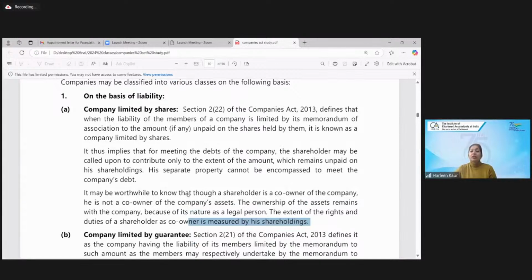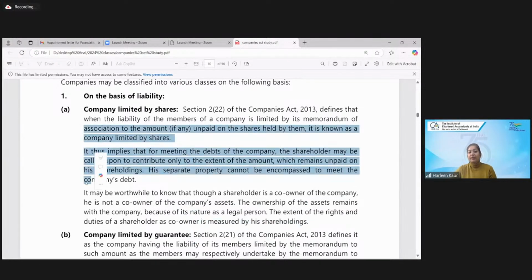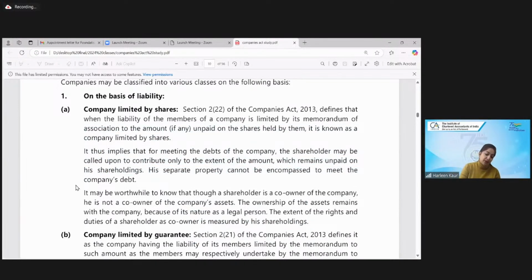Is that clear? You can write down on the side of this paragraph: company limited by shares, the shareholder can be called upon to pay for the liability at any time during the continuation of the company or during the winding up.